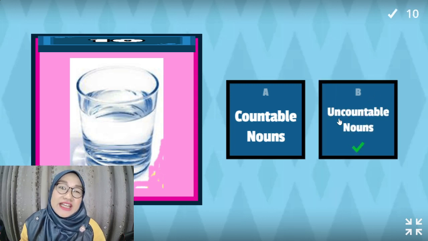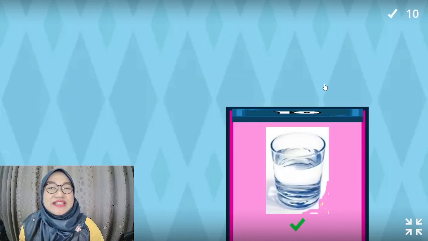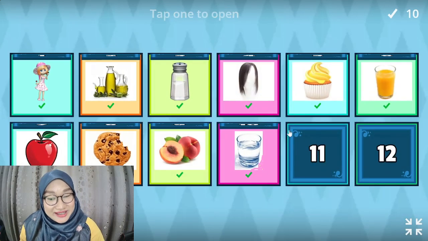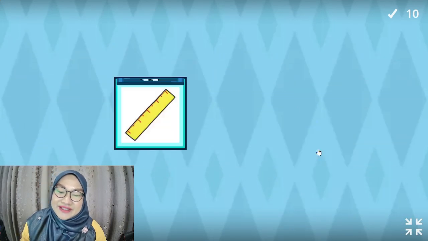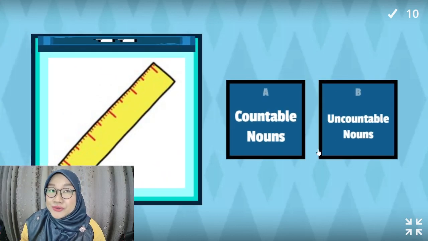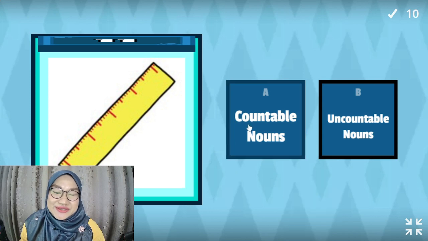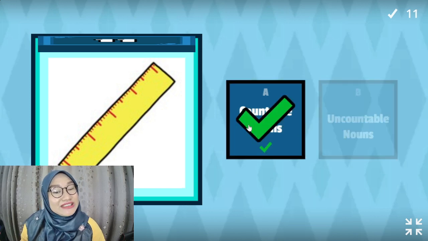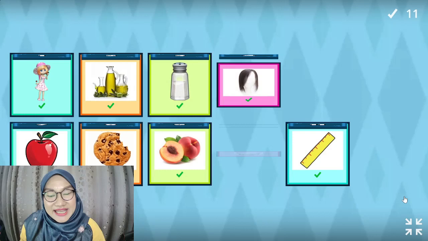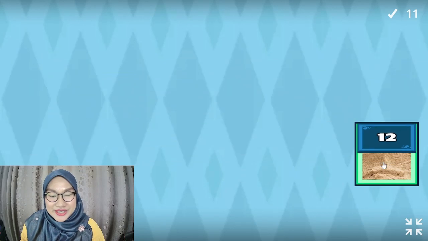If you say uncountable, then you are absolutely right. Well done. Number 11. A ruler? Countable or uncountable? What do you think? Yes, a ruler is countable. Good job.